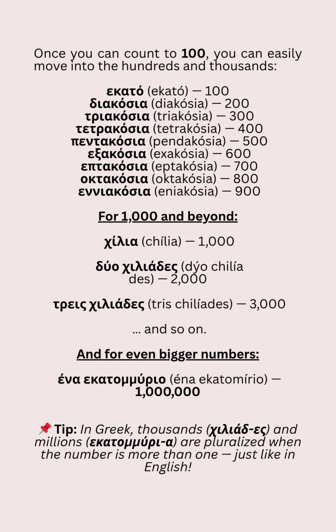If I want to say four thousand, it's χιλιάδες. And with εκατομμύριο, we said ένα εκατομμύριο is 1 million, but then 4 εκατομμύρια. You hear? At the end I put an a because it's pluralized. 4 εκατομμύρια, 5 εκατομμύρια, or 2 million, etc. This is how it works.